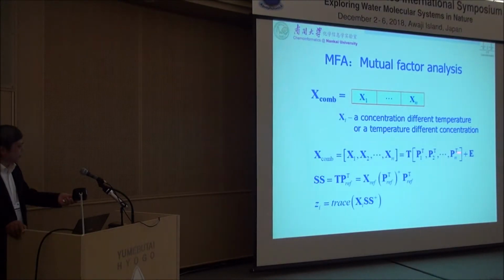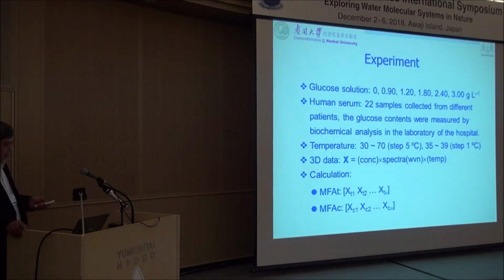If we take one of the samples as a standard sample and calculate the standard signal by this equation, then we can use this equation to calculate the comparative difference between samples by a parameter. This parameter is a quantitative description of the difference. So this is our experiment.